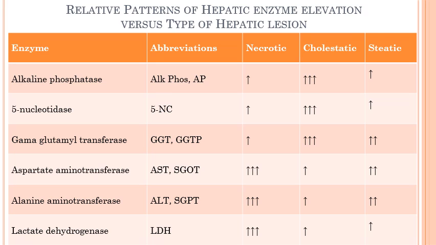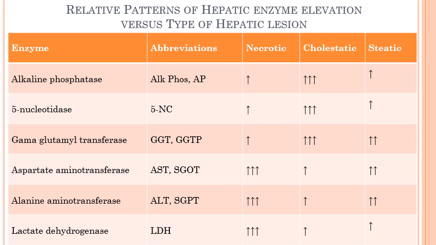Like the alkaline phosphatase, its normal level is about 44 to 147 units per liter. However, in necrosis, its levels are slightly increased. In cholestasis, its levels are highly increased, while in steatosis, its levels are slightly increased.